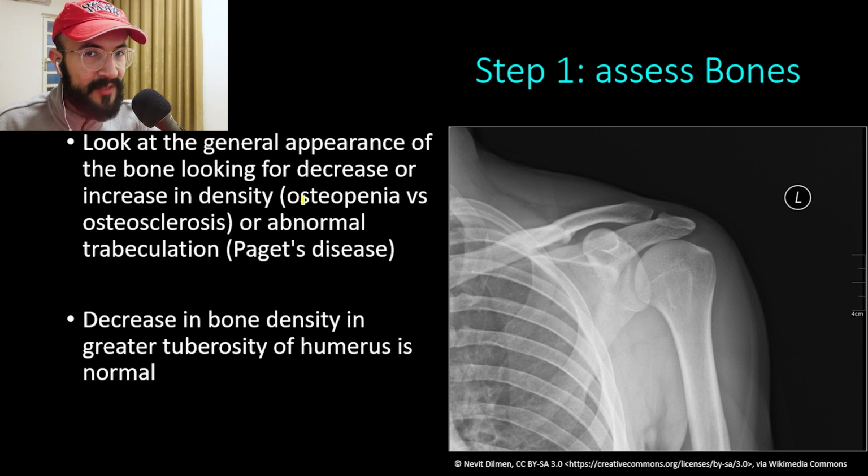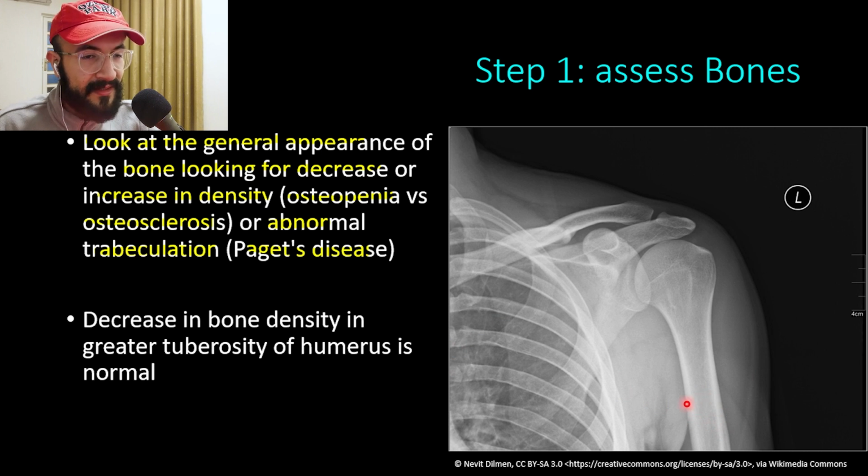Now also in step 1, which is assessment of bones, we also look at the general appearance of the bone, looking for decrease or increase in the density of the bone. Decrease in the density is osteopenia, and increase in the density is osteosclerosis. We also look for abnormal trabeculation, like for example in Paget's disease.